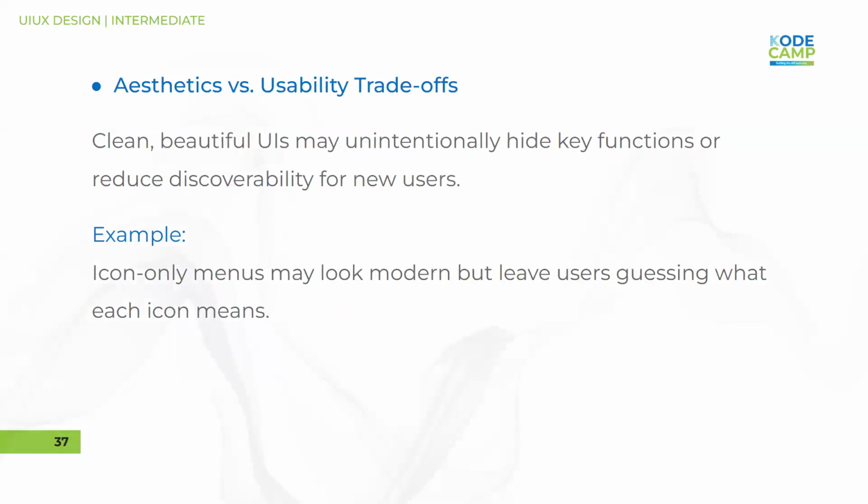Okay, so we say here aesthetics versus usability trade-offs. We'll always have a problem with this. Clean, beautiful UIs may unintentionally hide key features or reduce discoverability for new users. For example, there's a particular application I'm designing currently.